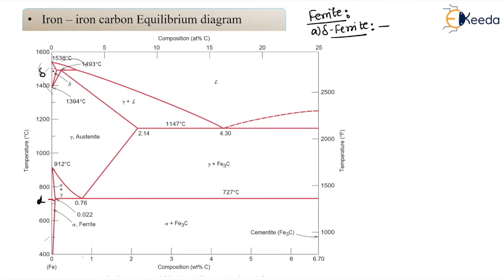So this is the melting temperature of iron. And on this x-axis we have the composition, that is the carbon percentage in this iron, up to a maximum of 6.67.